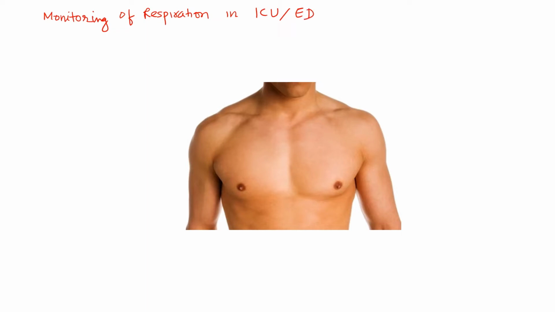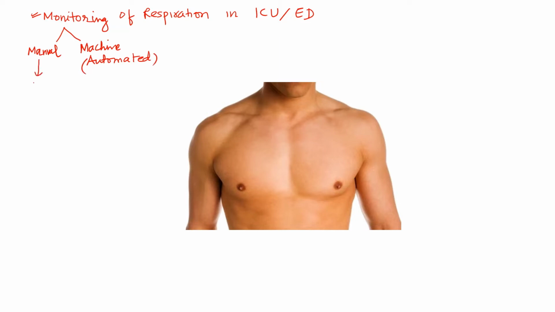Okay, so we can monitor either by looking at it, that is observation, or we can say that is a manual method. And another way of monitoring is machine, that we are using something automated, that without looking at the patient we can monitor the patient, the machine or automated.